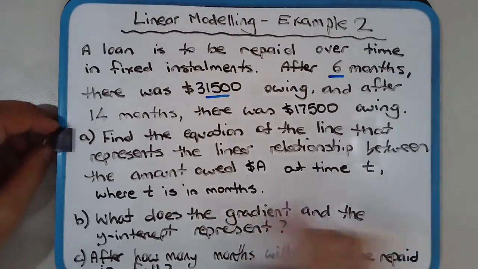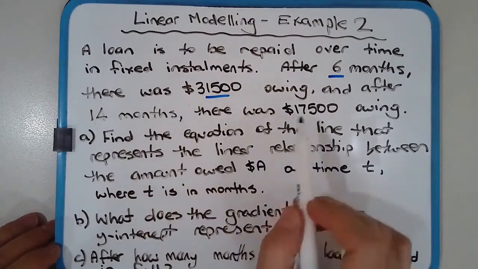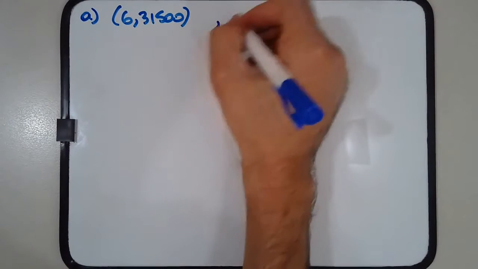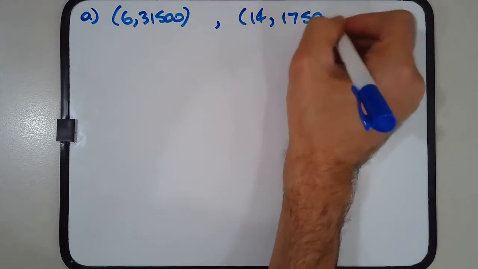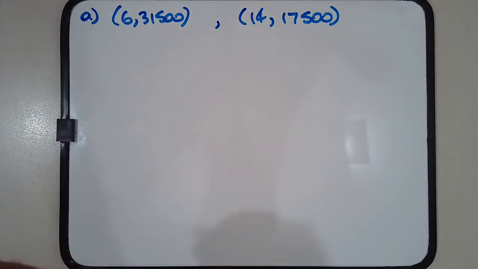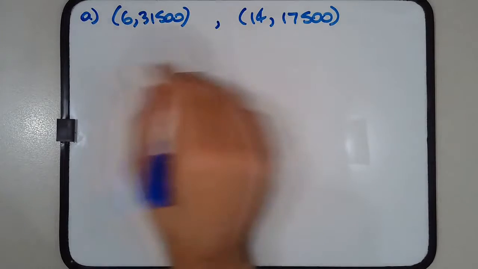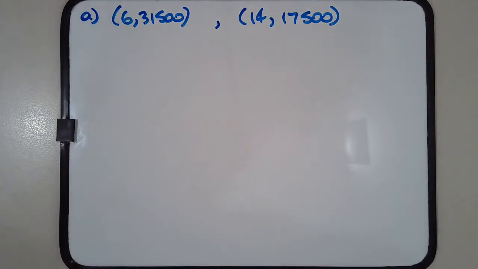And at the 14 month mark, there was $17,500 owing. Now, can we find the equation of the line that passes through these 2 points?